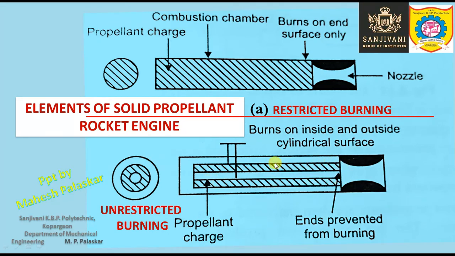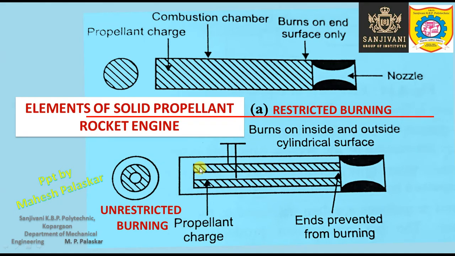So the large surface is available for burning. The outer surface of the cylinder as well as the inner surface of the cylinder can burn. So the burning is almost unrestricted. So it is called the unrestricted burning type solid propellant rocket engine.